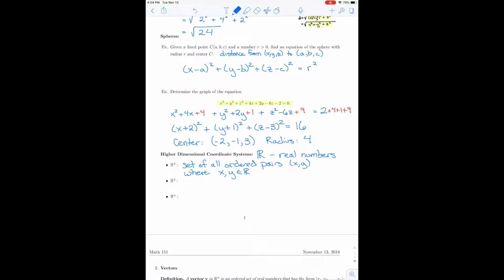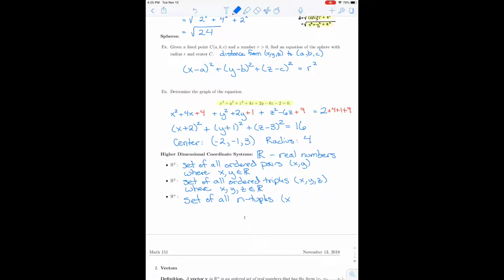Now that we're moving to 3 dimensions, R3 will be the set of all ordered triples (x, y, z), where x, y, and z are all in R. We can generalize this idea so that Rn is the set of all what we call n-tuples.